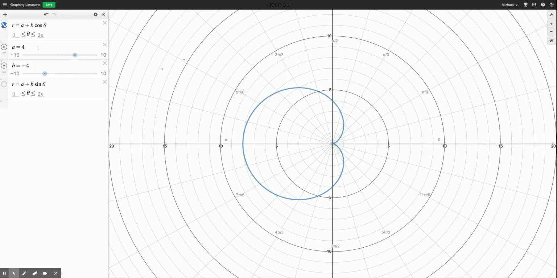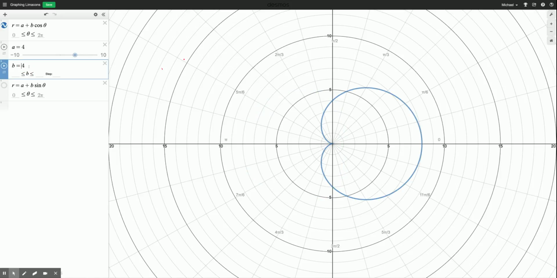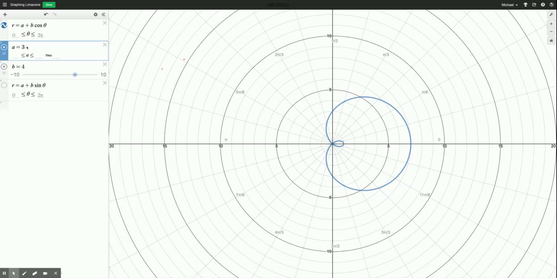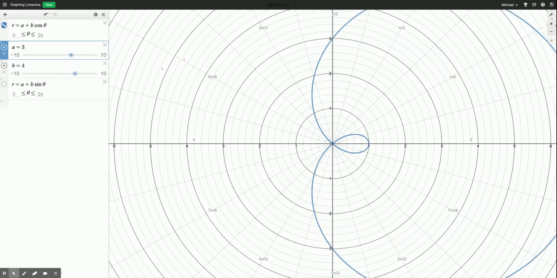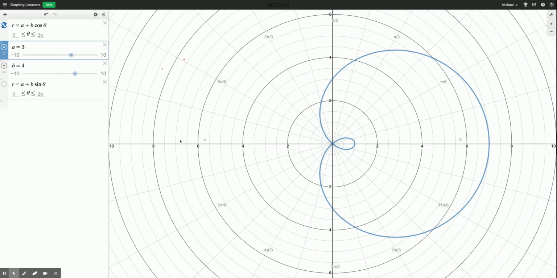Now let's do some curves. We had a cardioid where the absolute value of a is equal to b. Now if a divided by b is less than 1, let's make a 3 and b 4. I want you to notice a couple of these points here. Again, a is 3, b is 4. 1, 2, 3, 4, 5, 6, 7.